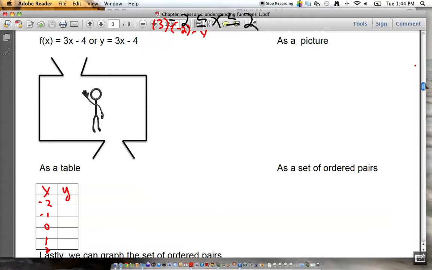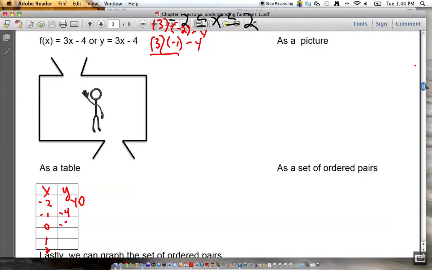Now, what's -6 minus another 4? -10. Now plug in a -1. What's 3 times -1? -3 minus another 4. -4, good. What's 3 times 0? 0. What's 0 minus 4?